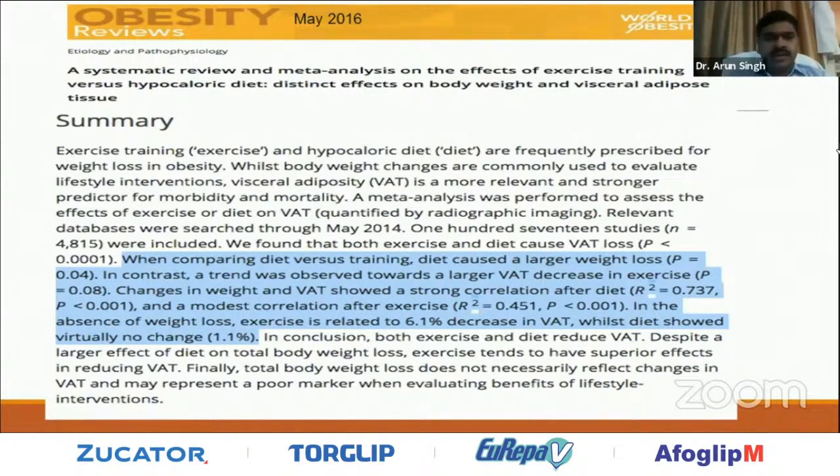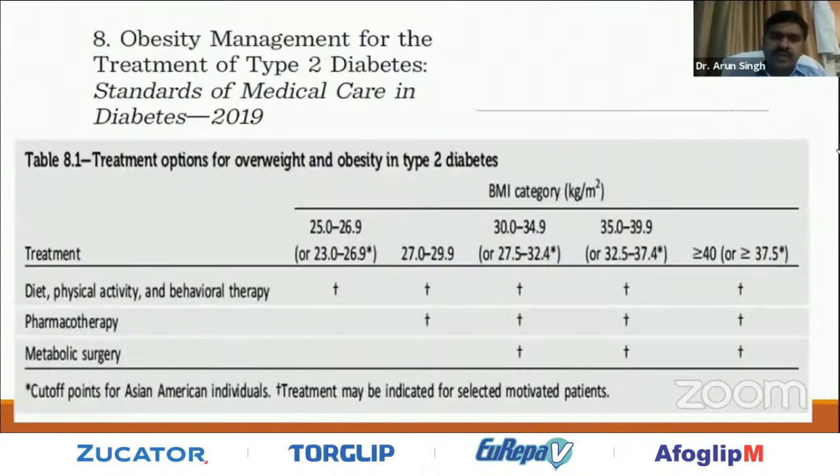And I think the intervention should not be considered failed if there is no weight loss. We should be assessing the impact of interventions by assessment of body fat composition or visceral fat assessment.